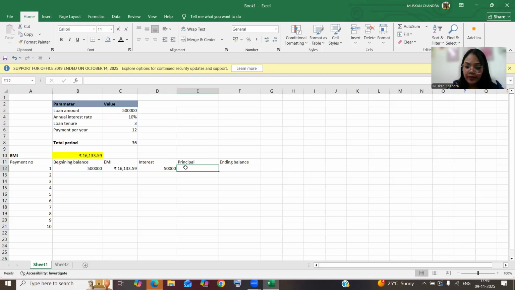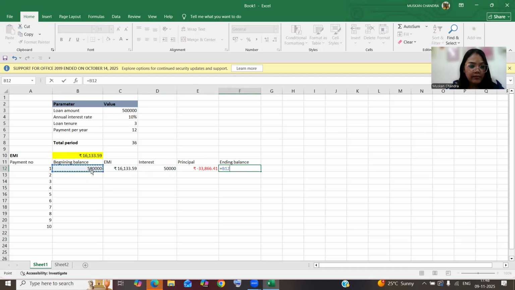Principal is EMI minus interest. And ending balance is beginning balance minus principal.